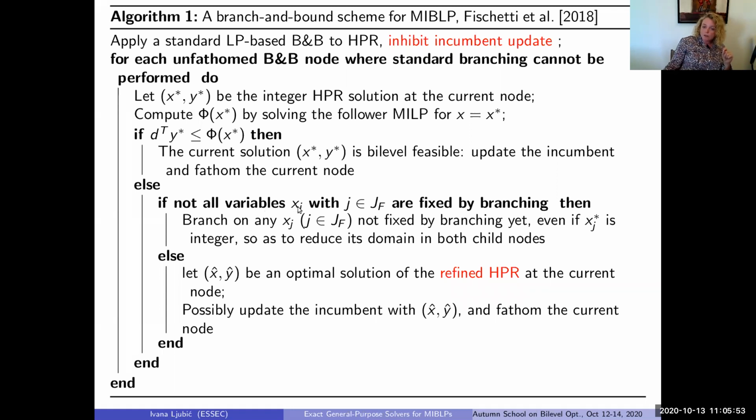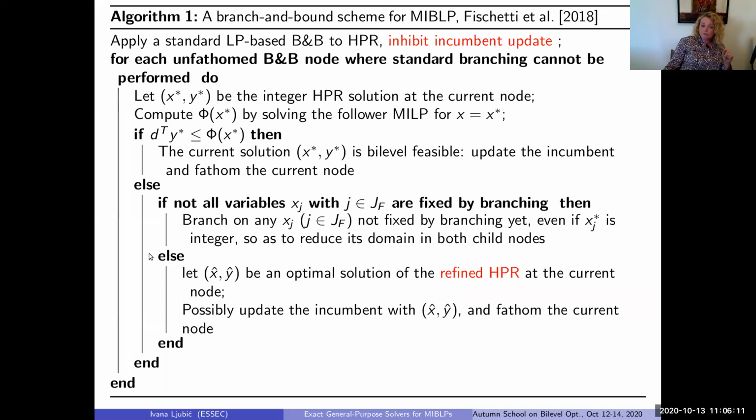If not all variables that control the leader are fixed by branching at this stage, the point being infeasible doesn't mean that inside the polyhedron there will not be another feasible point, so we have to continue branching.